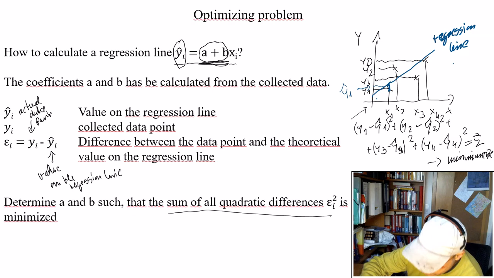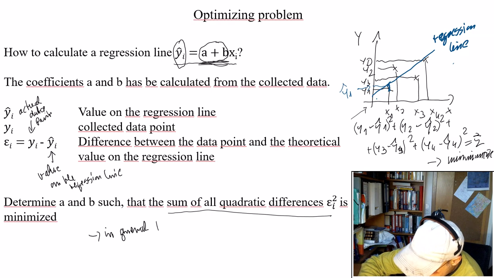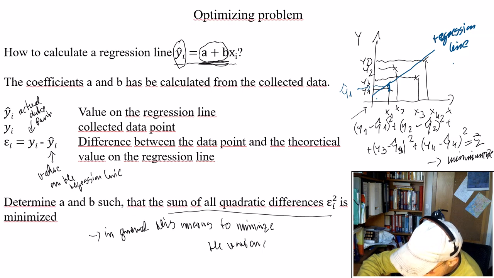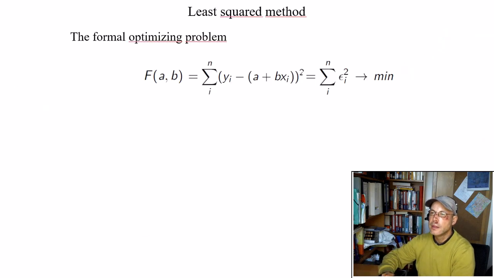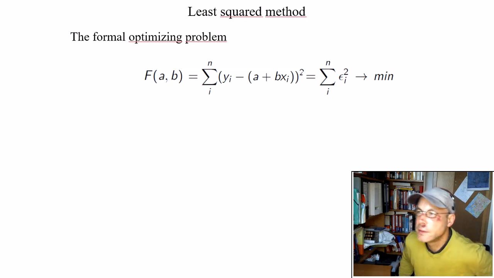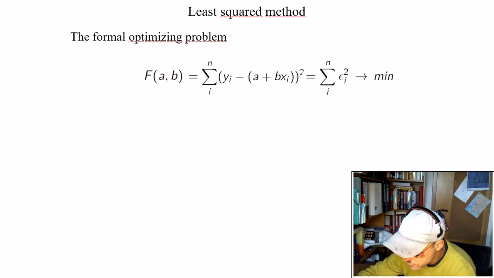So in general, this means to minimize the variance. And now we want just to find the formulas for a and b if we have this formal optimization problem.